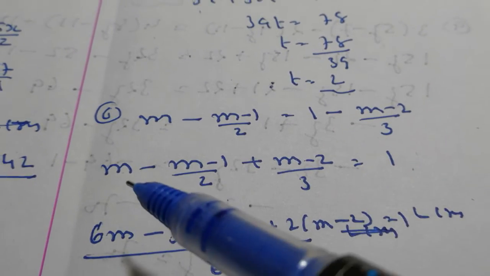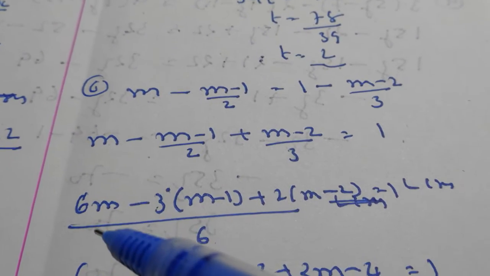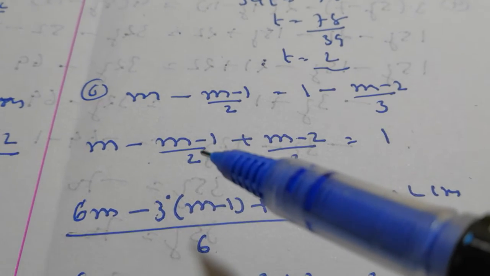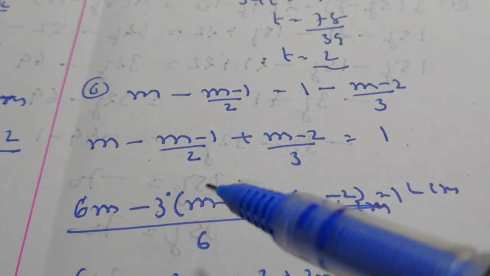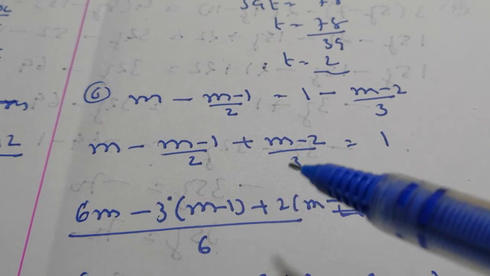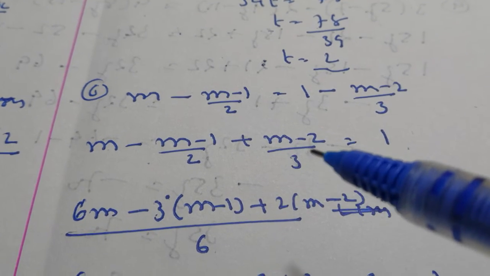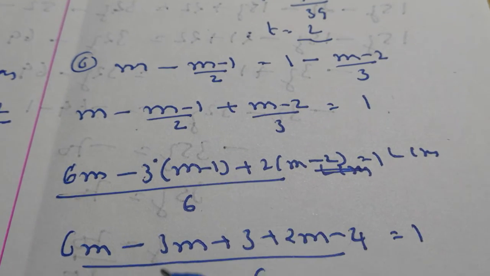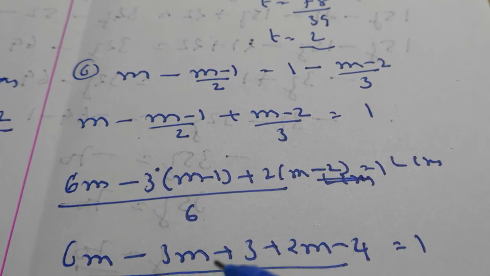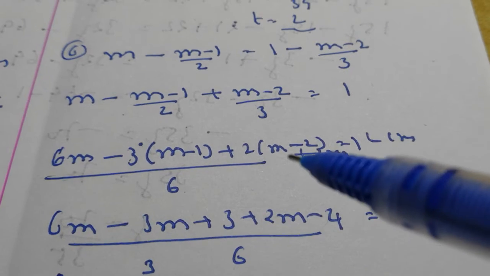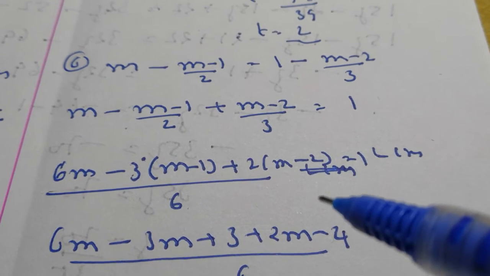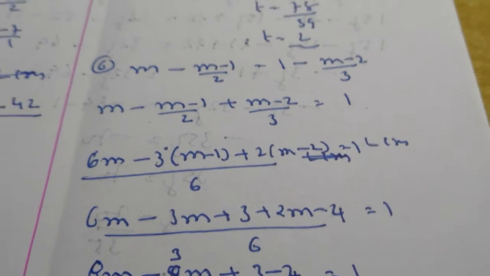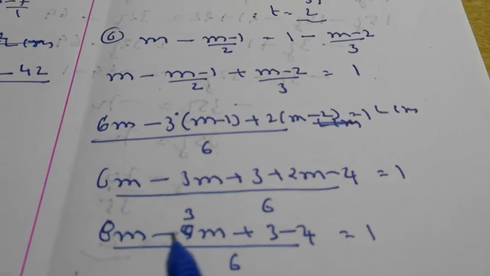LCM is 6. 1 six is 6, so multiplying m by 6, that is 6m. 2 threes are 6, I am multiplying m minus 1 by 3. 3 twos are 6, I am multiplying m minus 2 by 2. So 6m minus 3m, 3 ones are 3, plus 2m, minus 2 twos are 4, upon 6 is equal to 1.